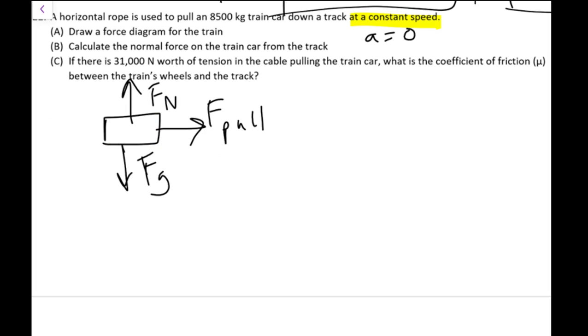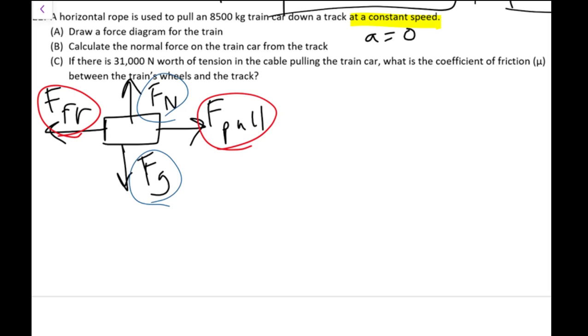Which means there has to be a friction that's equal to the force that we're pulling it with so that these two can cancel out. So that the force of the pull is equal to friction, and then the normal force is equal to gravity. Okay. So it says in part B, calculate the normal force on the train from the car track. Well, those two have to be equal to each other.